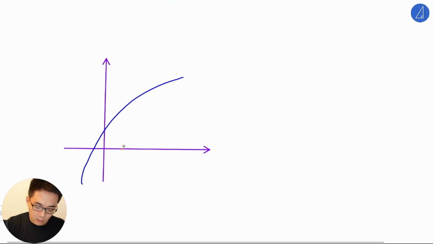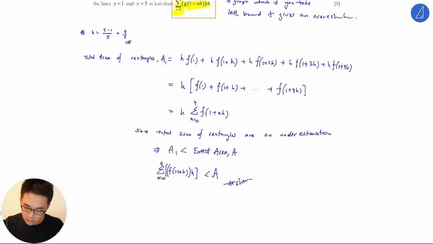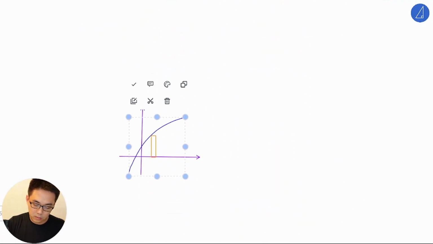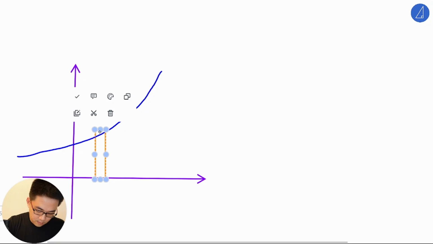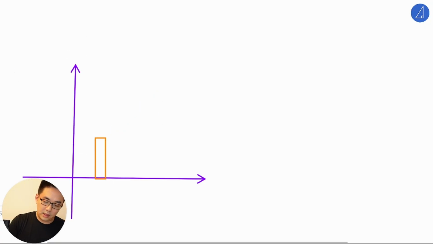So if you take 1 to 5, left bound. Wait, left bound or right bound? Oh, okay, wrong. Like that. This is still underestimation, right? I want overestimation, am I right?